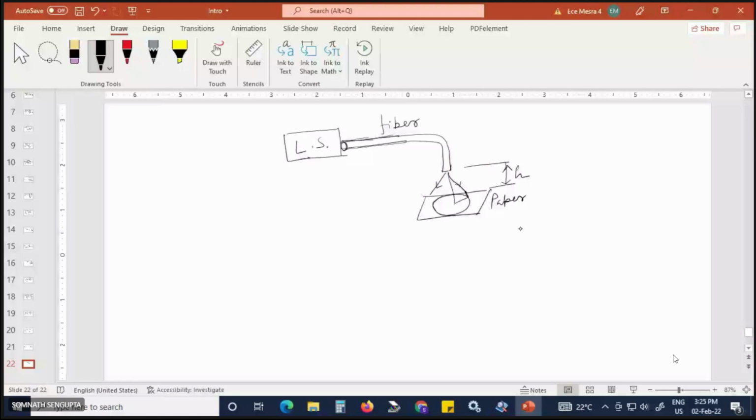Measure the spot size, the diameter, then you can get the radius. You have to take some average readings. Then, if you know this height, and this angle is what? Can you tell this? What is this angle?